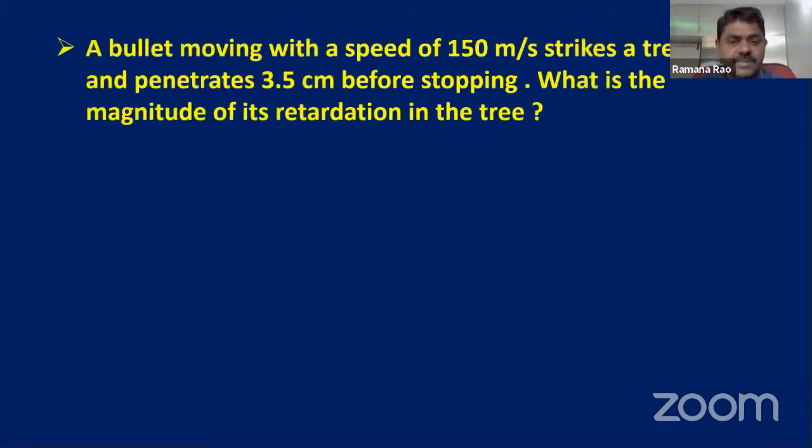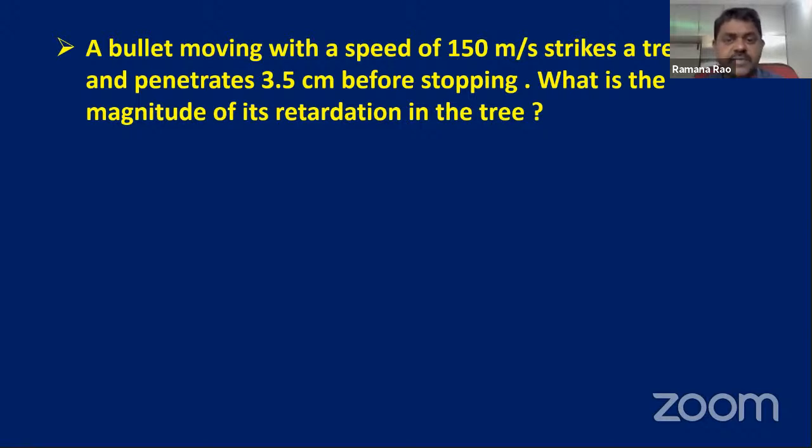Now let us see how we can apply the formula for the problems. So dear children, this is an important problem. A bullet moving with a speed of 150 meter per second strikes a tree and penetrates 3.5 centimeter before stopping. It's a very high speed.